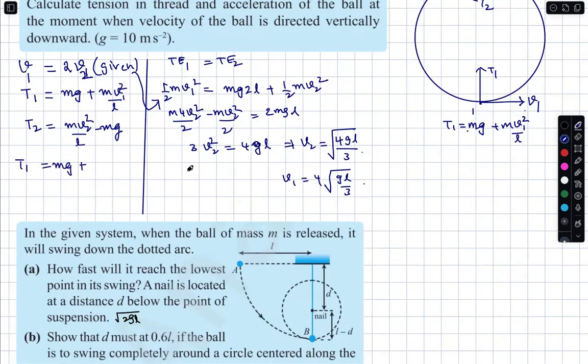T1 is mg plus, please tell me. One minute. 3v2 square by 2 is 2gl. 3v2 square is 4gl. This is already 2mgl. 8gl by 3, correct?